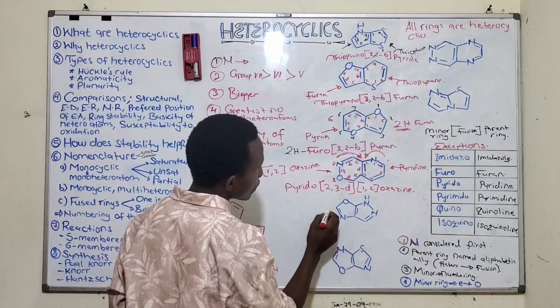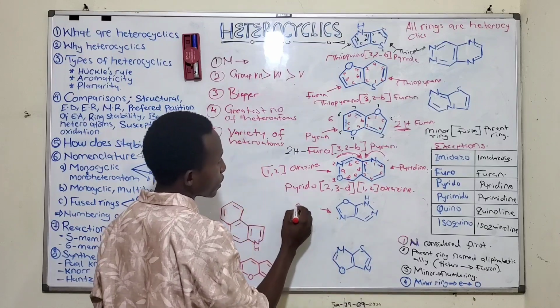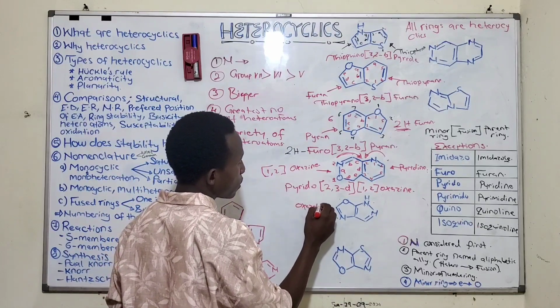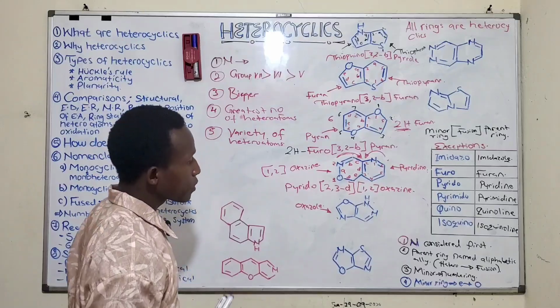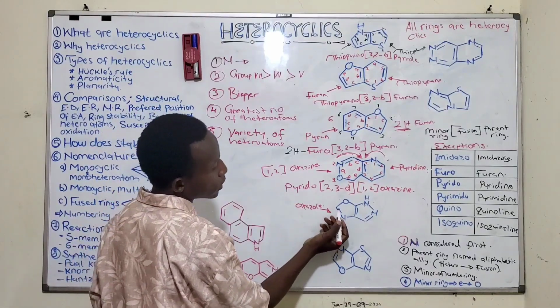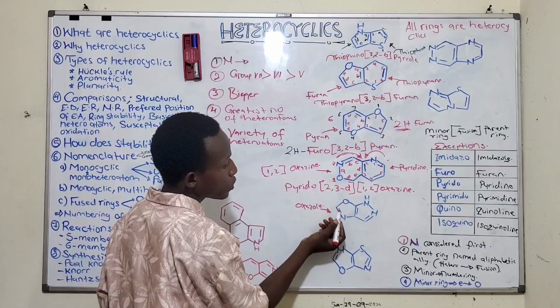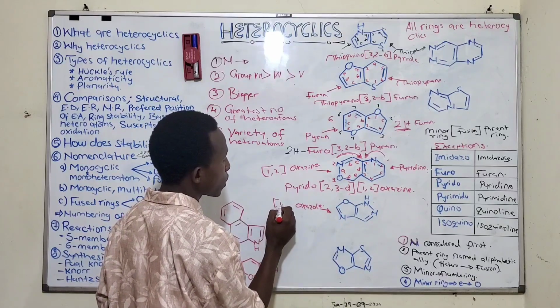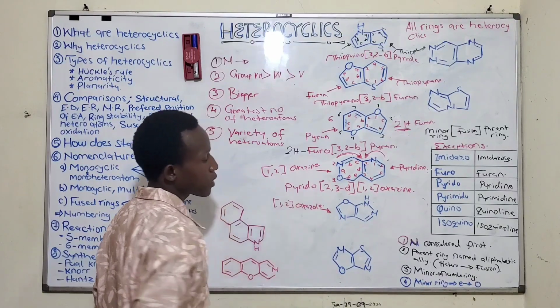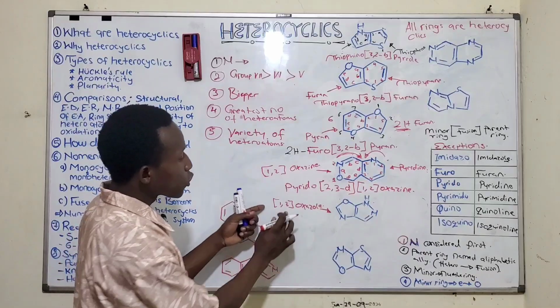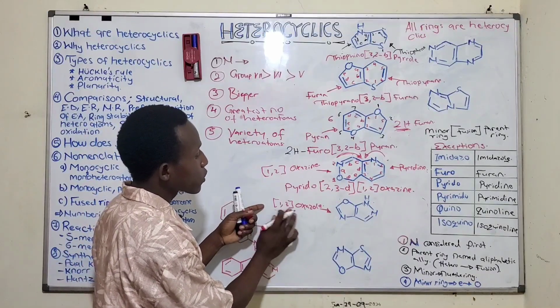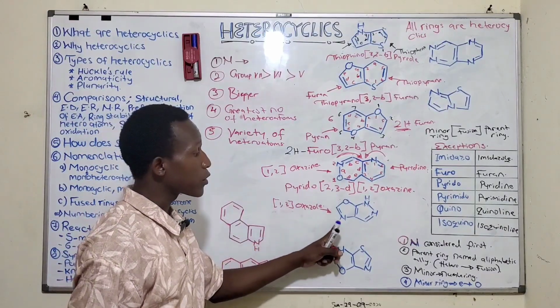So this is oxazo. Sometimes you can give it the locants. This position 1, 2, 3. It is 1, 3, oxazo. But even if you don't put these, oxazo is at position 1 and 3.